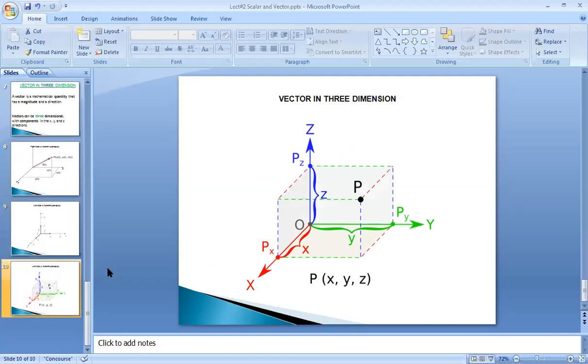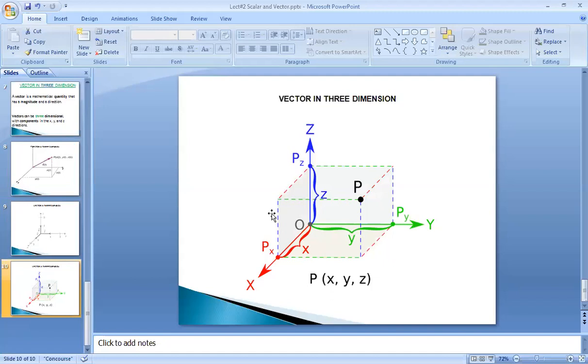You can see a point P and a vector OP. This is O and P, and OP is in three dimensions. Px is the x component and Py is the y component, shown in red and green, and Pz is the z component of the vector P. P is any position vector.